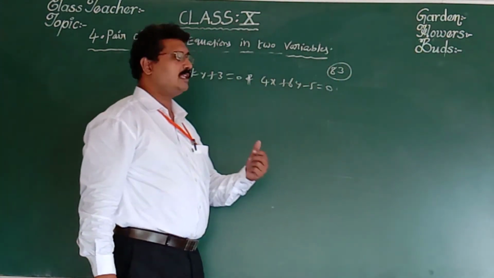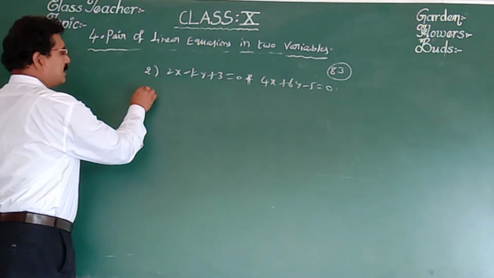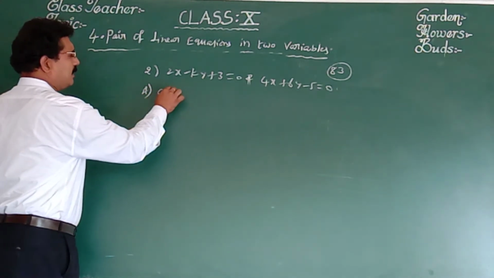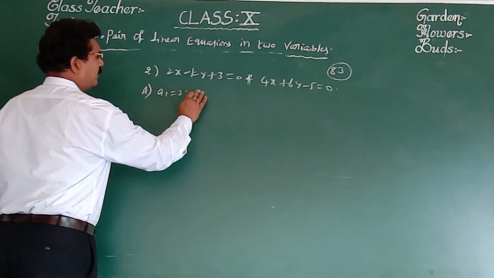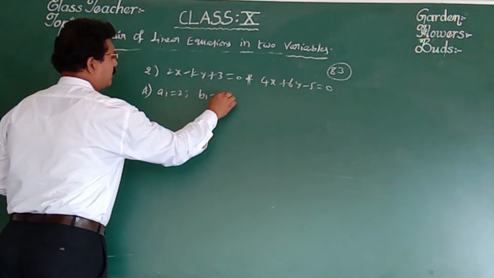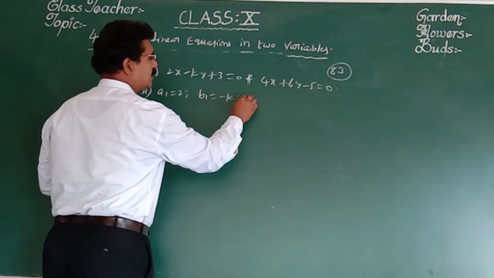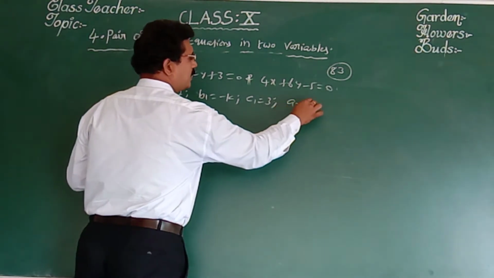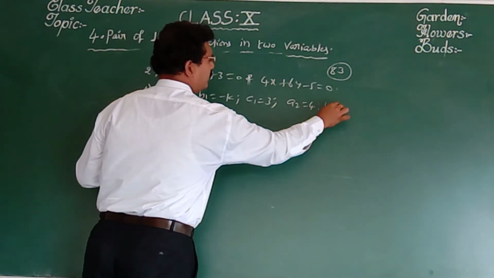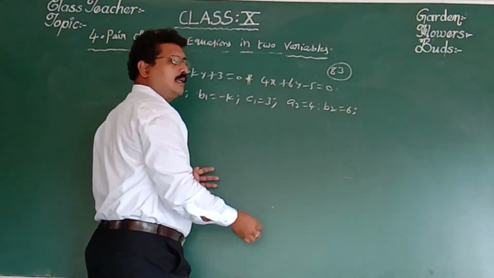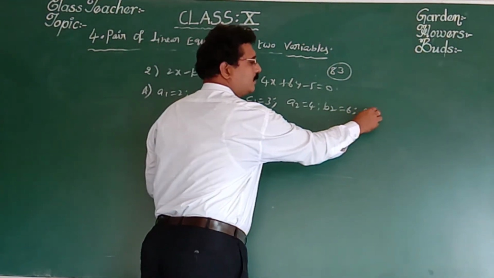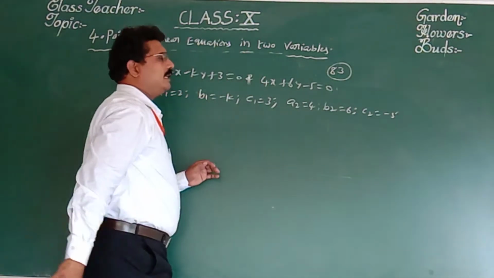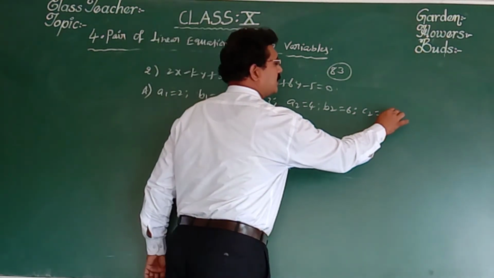First write a1 is equal to 2, b1 is equal to minus k, c1 is equal to 3. Next, a2 is equal to 4, b2 is equal to 6, and c2 is equal to minus 5.